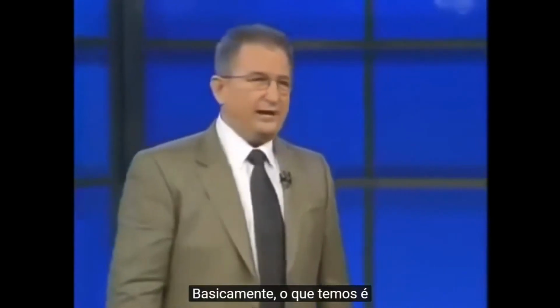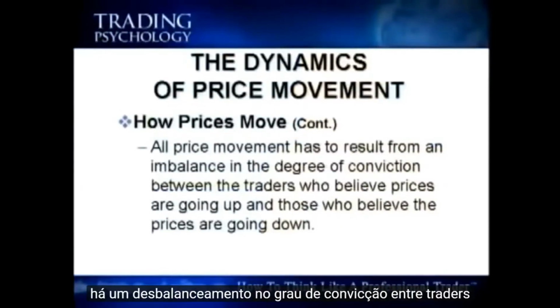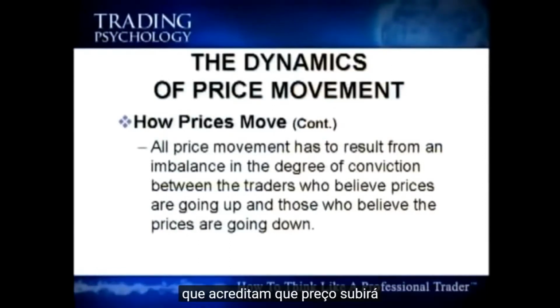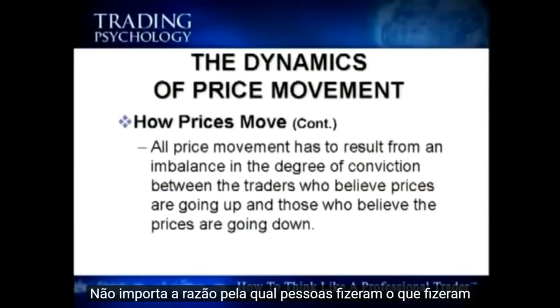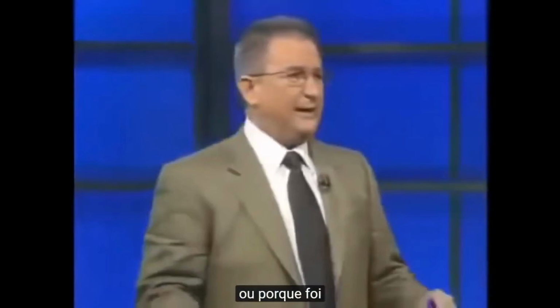So basically all price movement has to be a result of an imbalance in the degree of conviction between the traders who believe that prices are going up and those who believe that it's going down. That is the only way that prices move. It doesn't matter what the reasons are that people tell you about why they did what they did, or the reasons that you hear on CNBC or whatever about where the market is and why it went the way that it went.